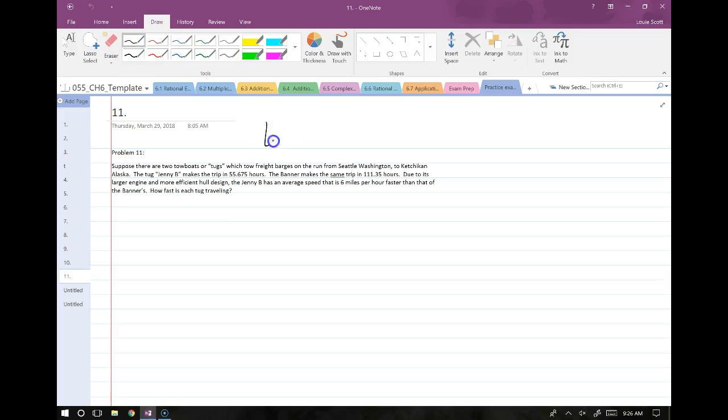All right, so this is a D equals ST problem. Distance equals speed times time. And like I went over in the last section, what I like to do with distance problems is make a table.